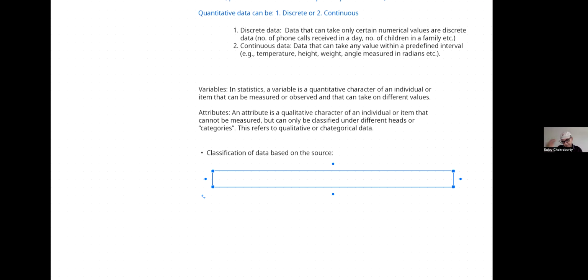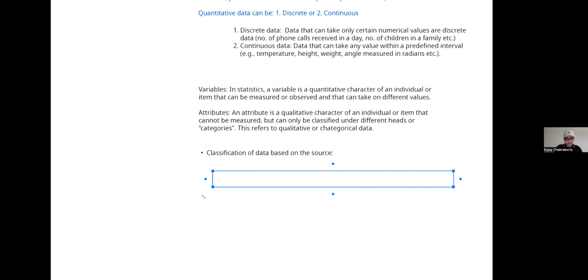Whereas if the investigator uses data collected by others that were initially collected for a different purpose, then that is secondary data to the investigator. But that could be the primary data for the previous purpose for which it was collected. But for the investigator, when he or she is using the data that was already collected before for a different purpose, then that data is secondary to that investigator.